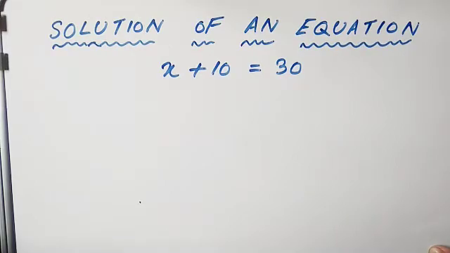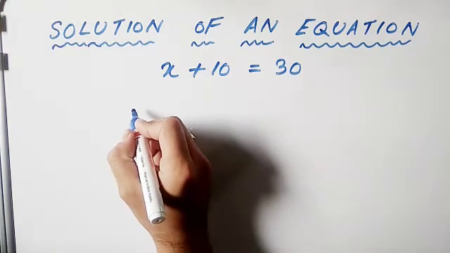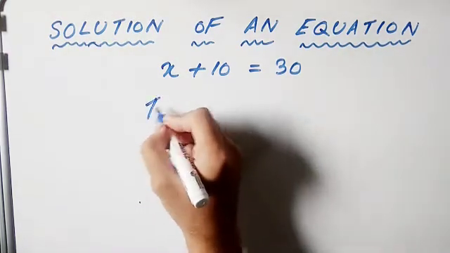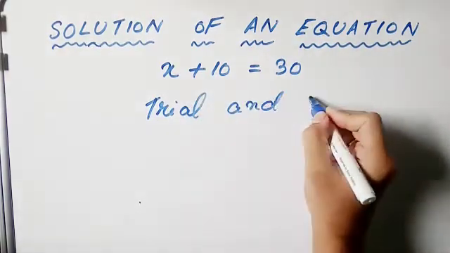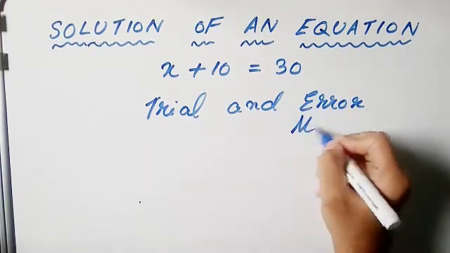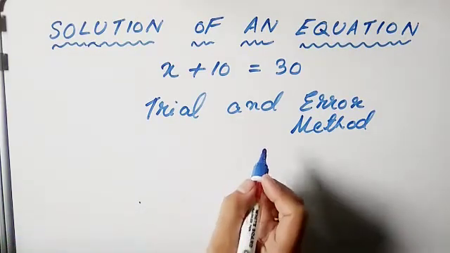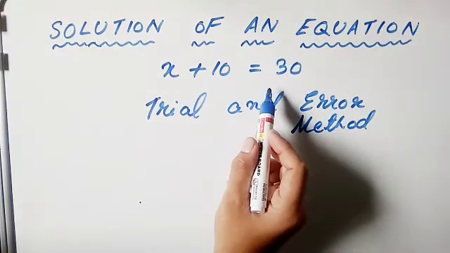The name of the method that we use to find the solution of the given equation is called the trial and error method. Understood? So this is a method to find the solution of the given equation.